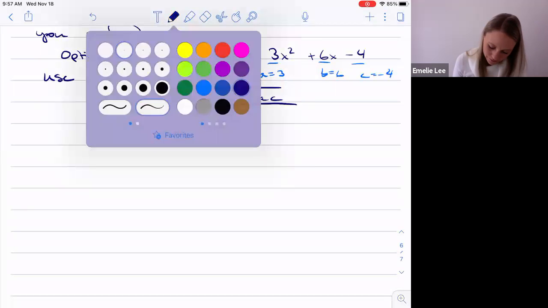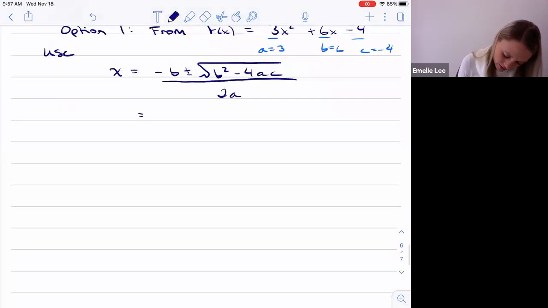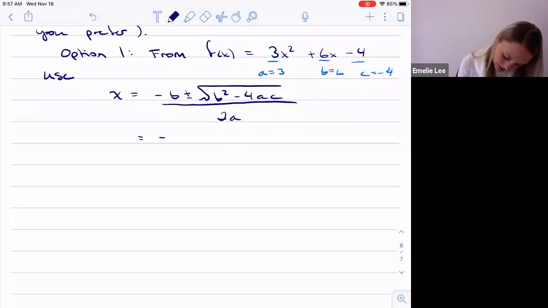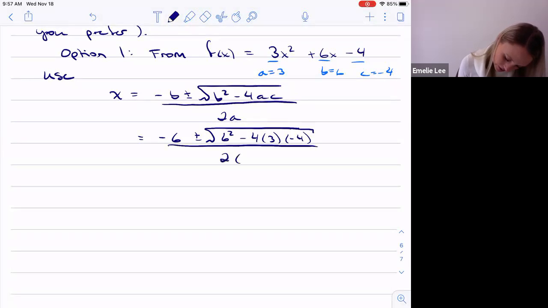So we can solve the roots here. Negative 6 plus minus the square root of 6 squared minus 4 times 3 times negative 4, over 2 times 3.